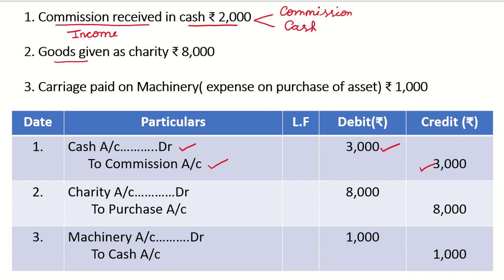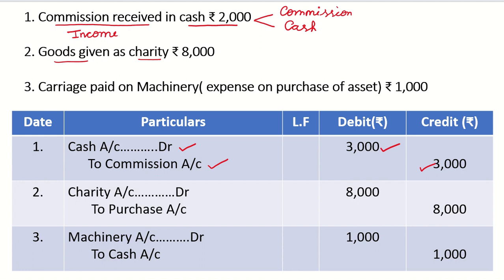Goods given as charity, rupees 8000. Now what they're telling is that the goods are being given as charity. The goods which are there in the company, which they have purchased to sell in the future, from those goods they are giving some amount as charity.